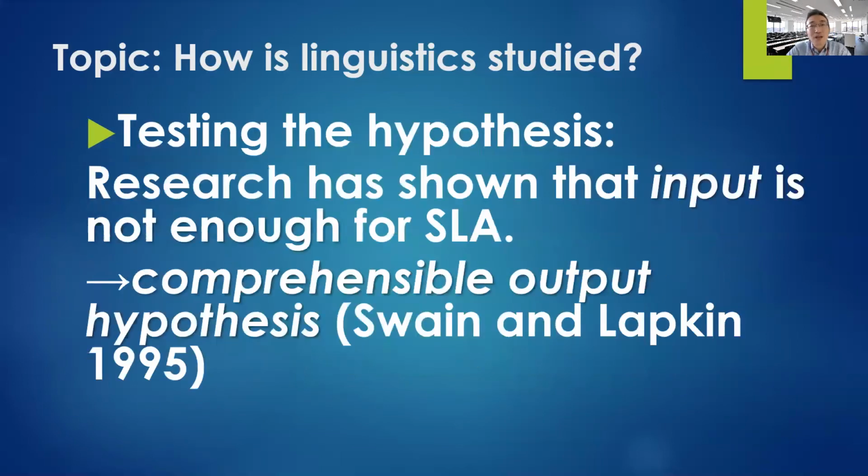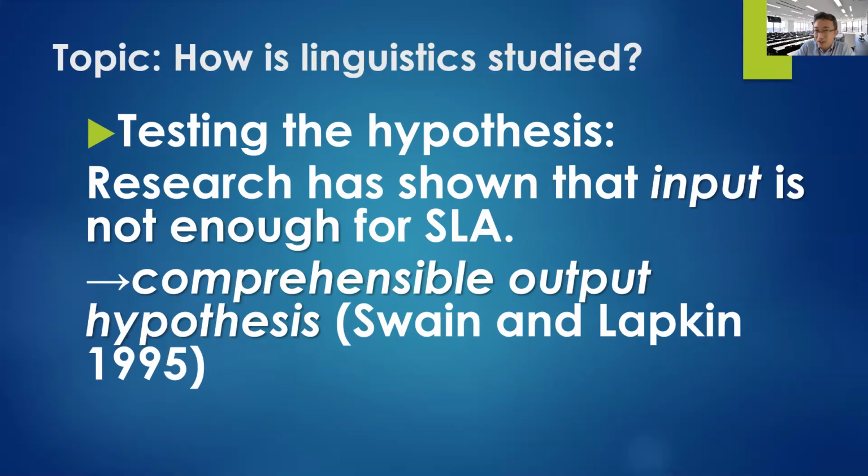The comprehensible output hypothesis was formulated by Swain and Lapkin in 1995. Of course, they are not the only researchers who proposed that not just input, but output is also important in second language acquisition.